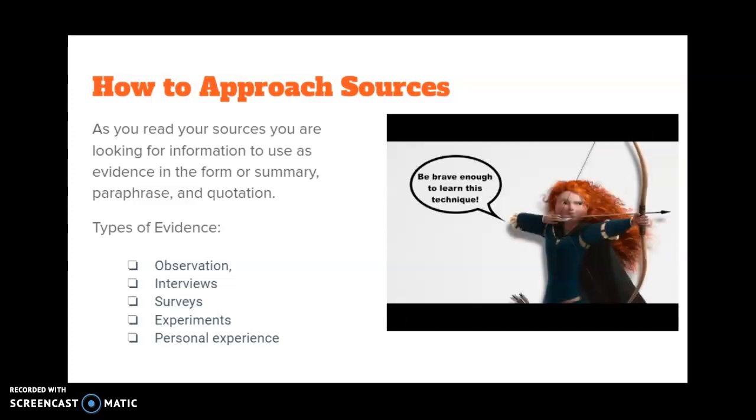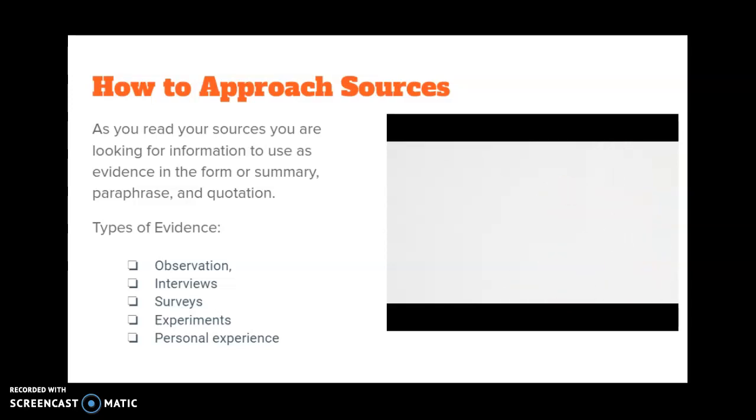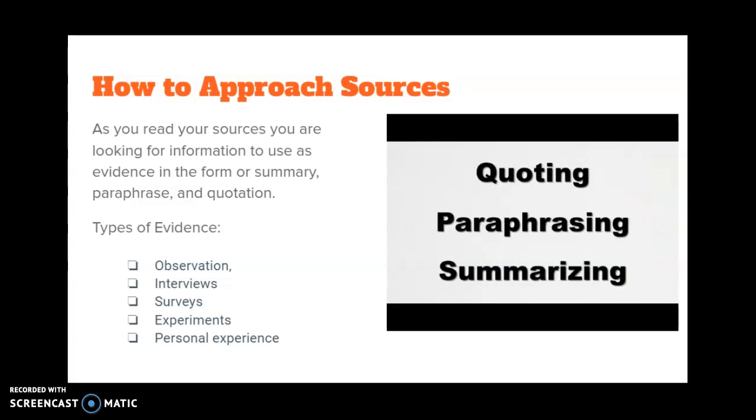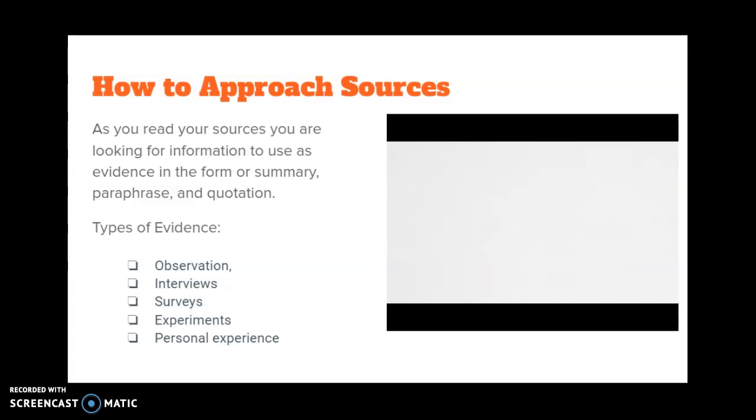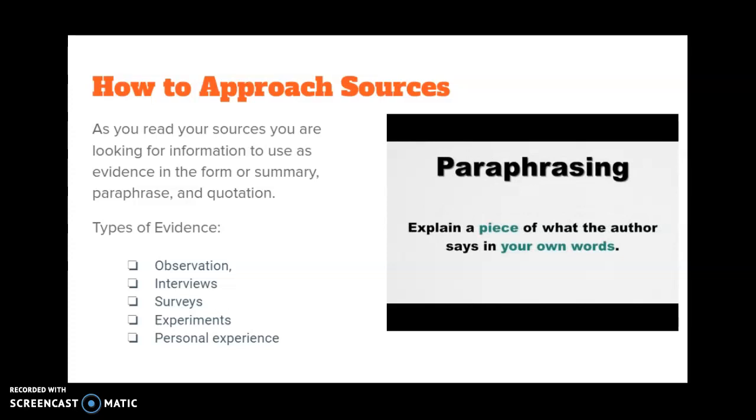Sometimes you need to incorporate other people's ideas into your own writing. There are 3 ways to do that: quoting, paraphrasing, and summarizing. First, I'm going to talk about what each one is. When you're quoting something, you're taking what the author says word for word and putting it in your paper. When you're paraphrasing something, you're explaining a piece of what the author says in your own words, but still giving the author credit for the idea.